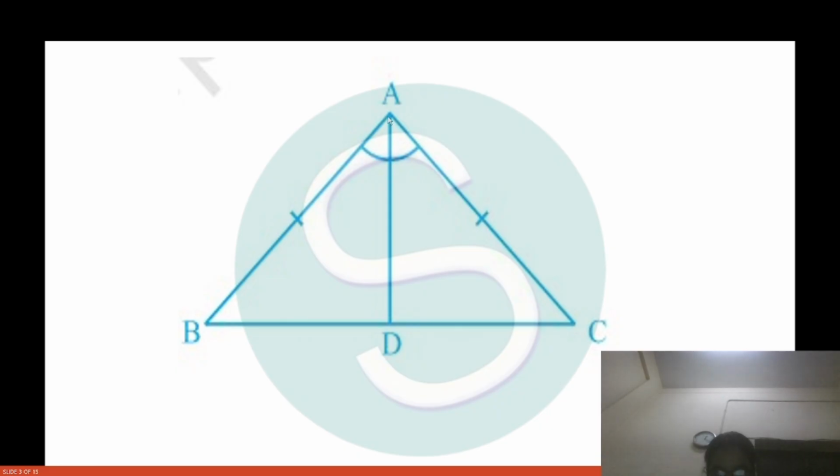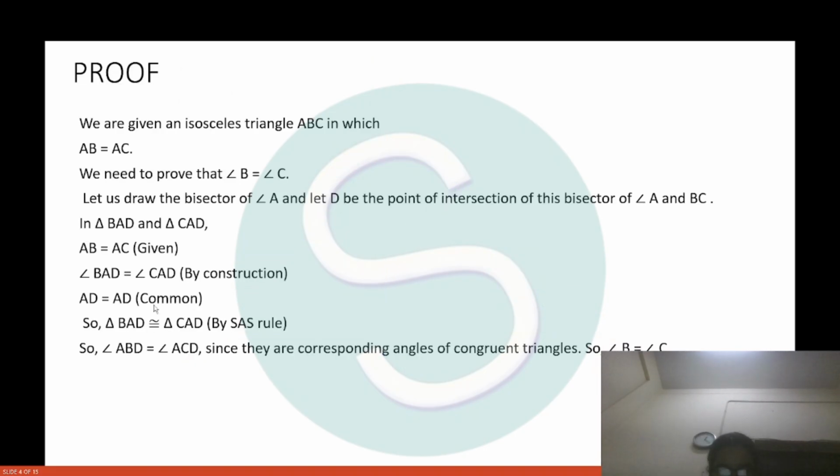We will prove these two triangles, ABD and ADC, congruent. AB equals AC is given, and we have drawn the bisector, so angle BAD equals angle CAD, and this side AD is the common side. So by the side angle side congruency property, triangle BAD is congruent to triangle CAD by the SAS rule.